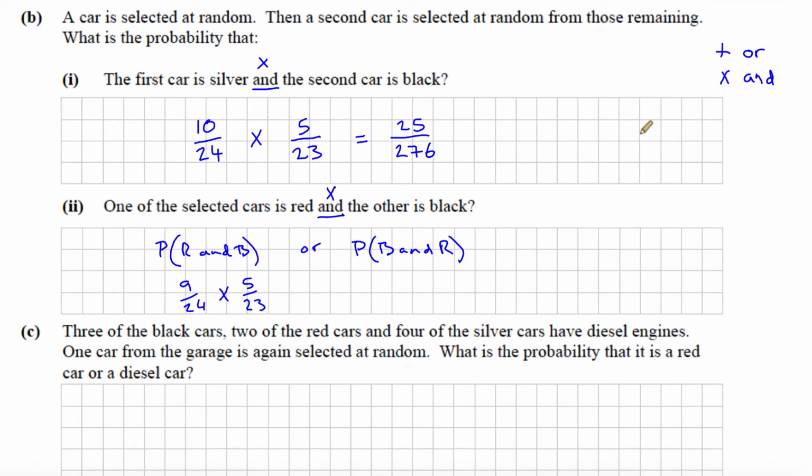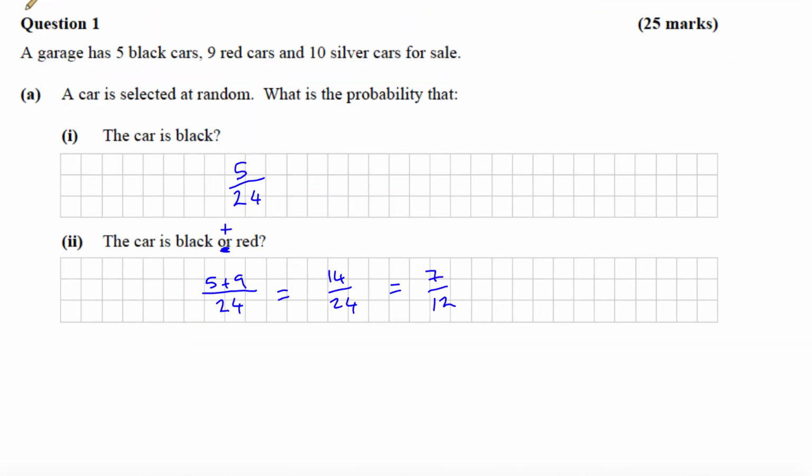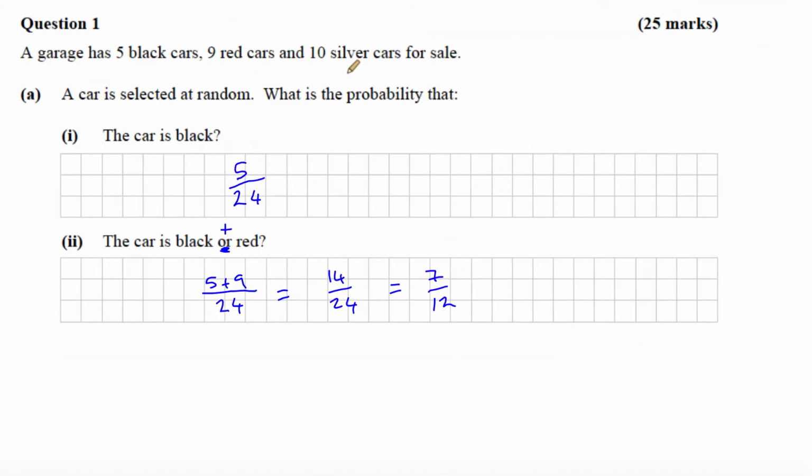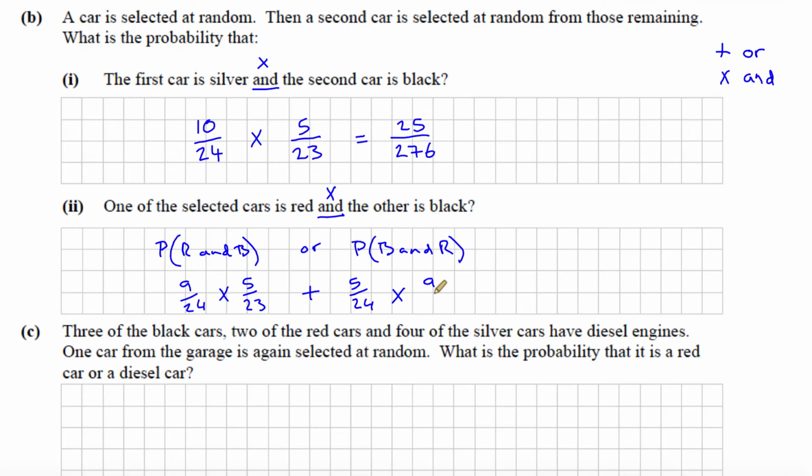Or, remember or is linked to the plus sign. The probability that it's black first, so black would be 5 out of 24. And let's multiply again. The second one is red. So again we have 9 red cars, but this time it's 9 out of a total of 23.